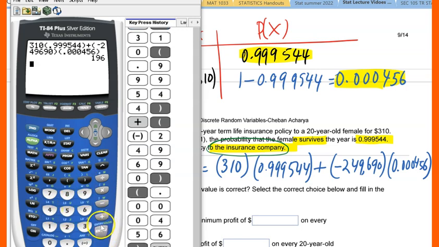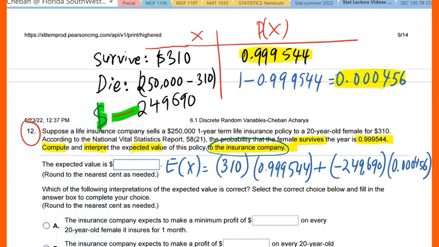Enter. The whole thing simplifies to 196. That's the expected value. Therefore, in this question, the expected value is 196.